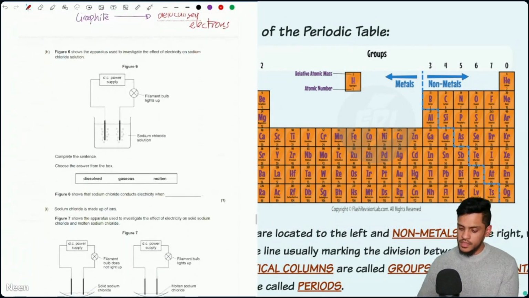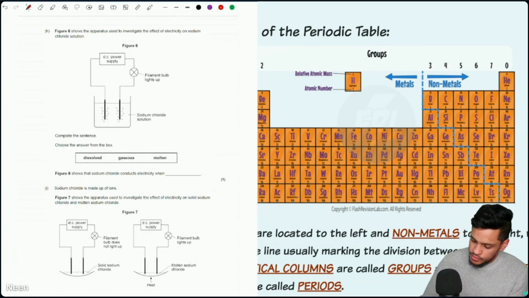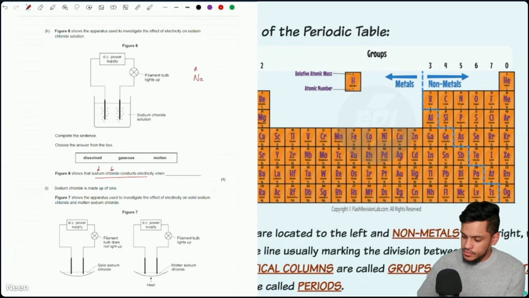Next question. Figure 6 shows apparatus used to investigate the effect of electricity on sodium chloride solution. Sodium chloride conducts electricity when, okay, this is what I just explained. Sodium chloride. Sodium is a metal.